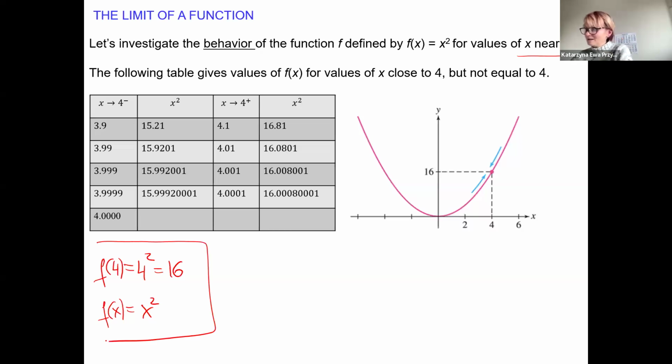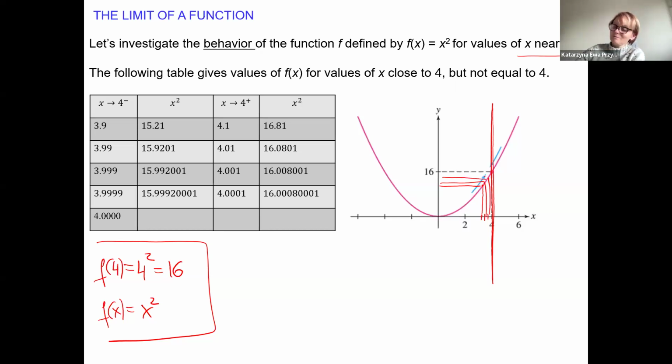But now, we're not looking exactly at 4, right? We just want to check how the function behaves near 4. That means if I take a couple of values like 3.9, 3.99, 3.999, even closer, and then I check these values. As we can see, we have the values.